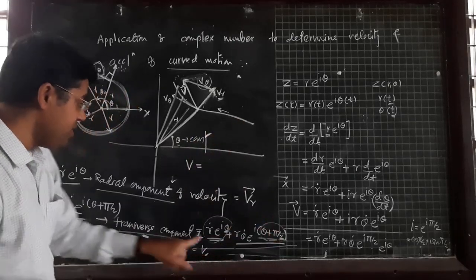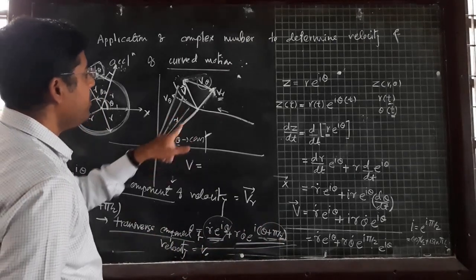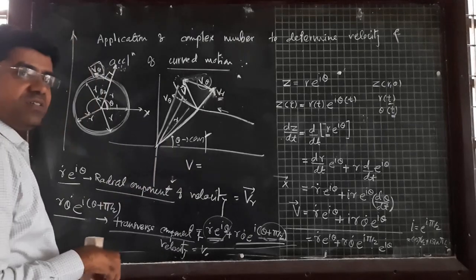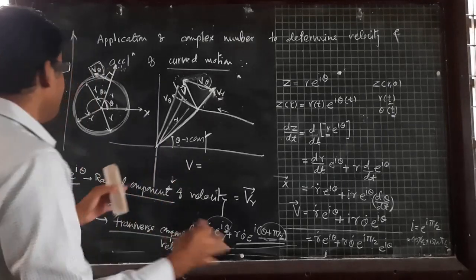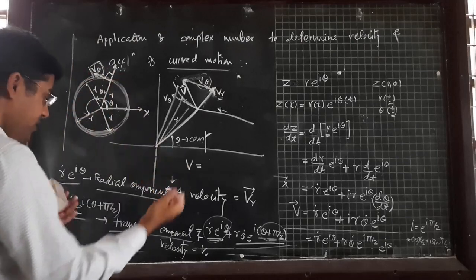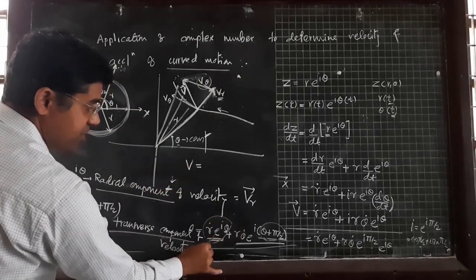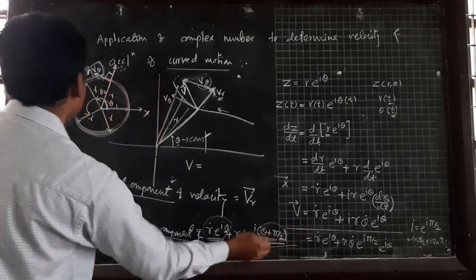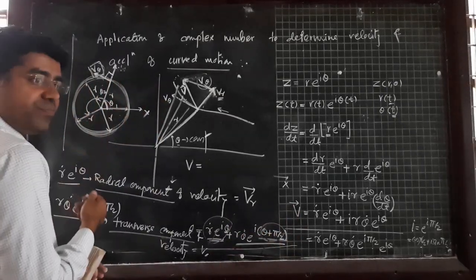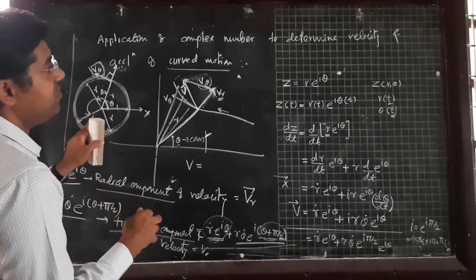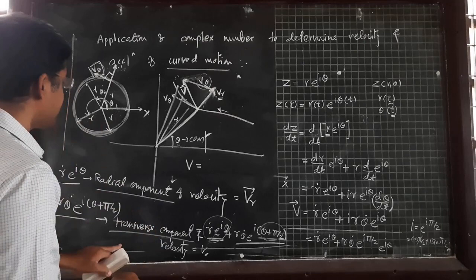This term is 0 means your velocity depends only on the radial component, meaning your object is going only in a vertical direction. Okay, if you have circular motion, your r is constant. R is constant means the first term is 0. First term is 0 means you will get the second term. Okay, so in circular motion your velocity depends only on the transverse component.